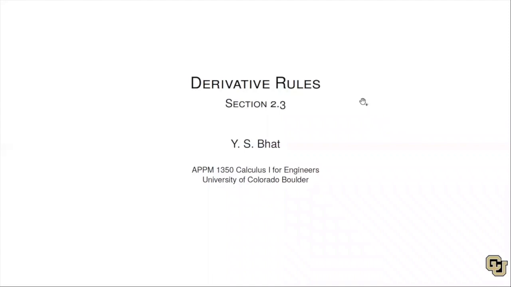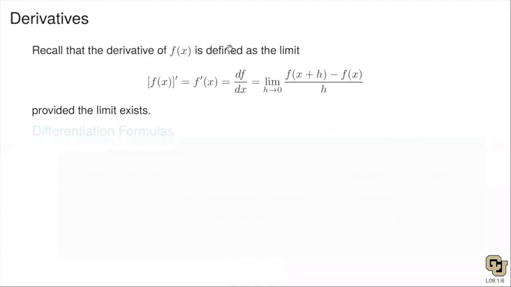We introduce shortcut rules. So remember, what we're shortcutting here is, instead of using this limit definition to find the derivative, we'll now have a series of rules depending on what the situation is. For example, if you're taking the derivative of a constant, that's always 0, and I'll give you some more rules.